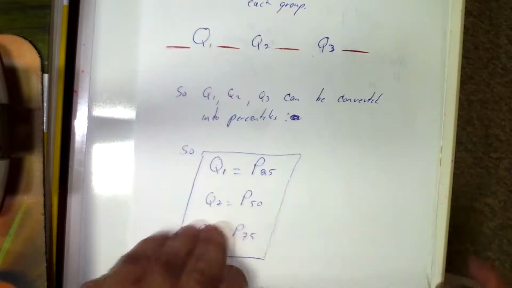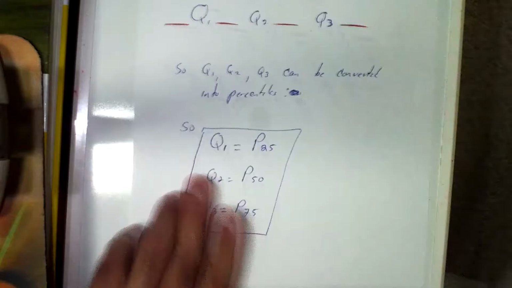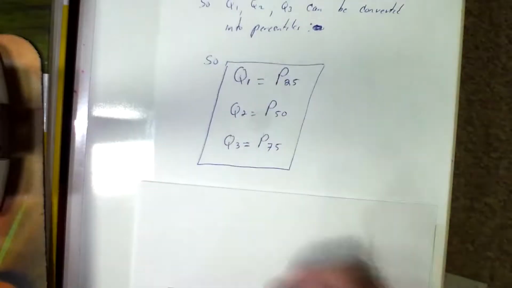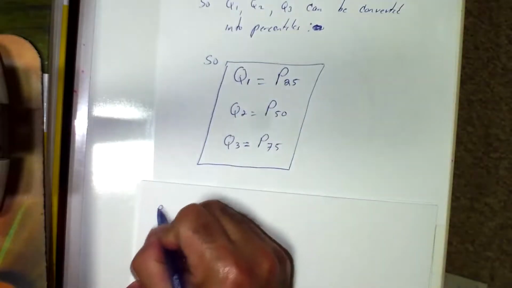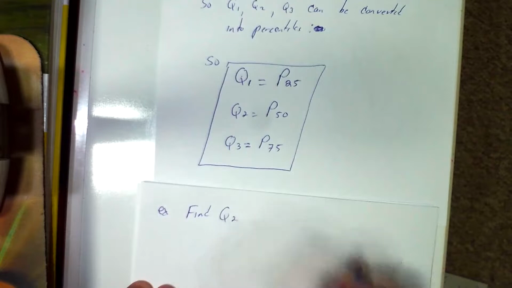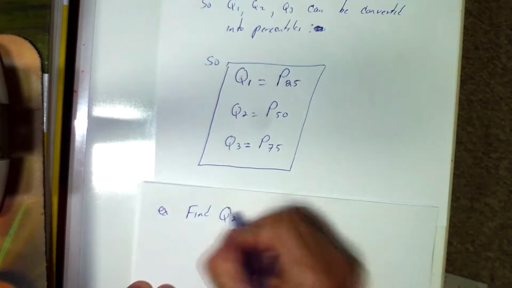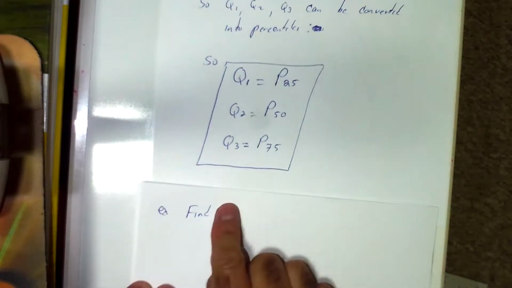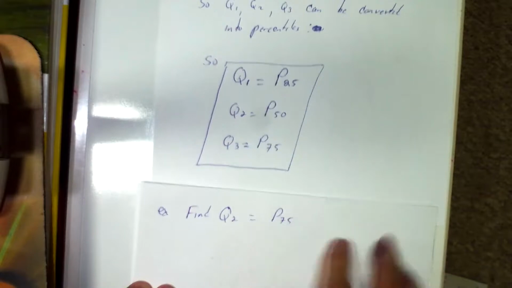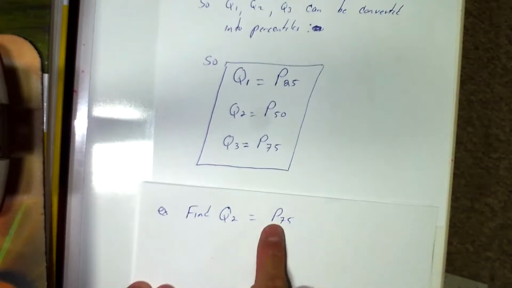So let's do an example. Using the data from the Verizon, if we're asked to find Q3, that is really P75. So I'm going to use the rules for finding P75.